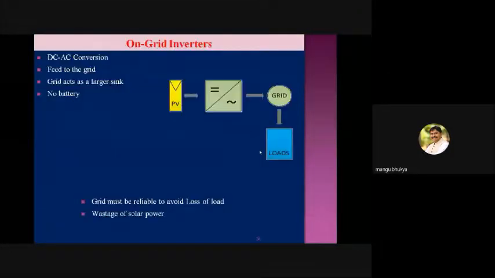In a grid connected system, you might have seen that earlier we entirely depended on the coal power plant.